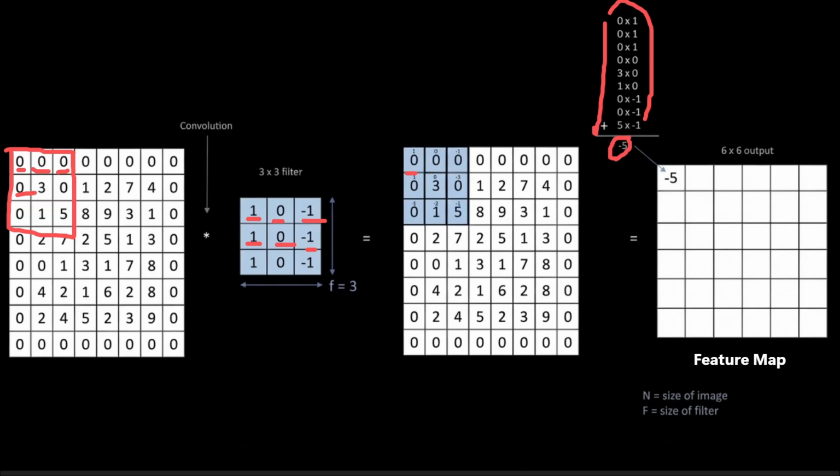That single resultant value is responsible for one pixel value of our resultant feature map. The output after applying the filter to the original image is called a feature map. Each filter is responsible for identifying something, maybe vertical edges, horizontal edges, or something else depending on our use case.